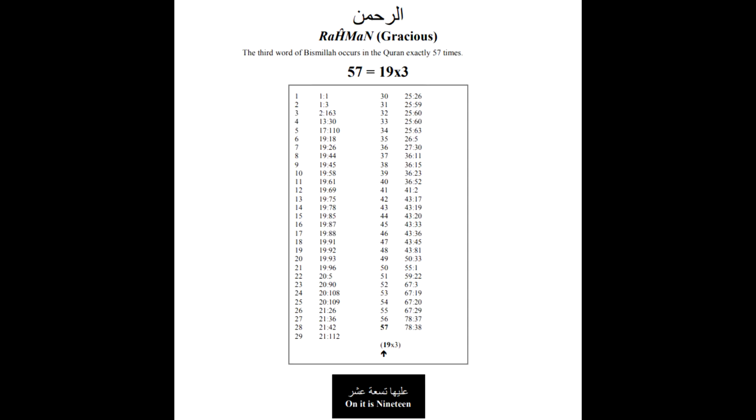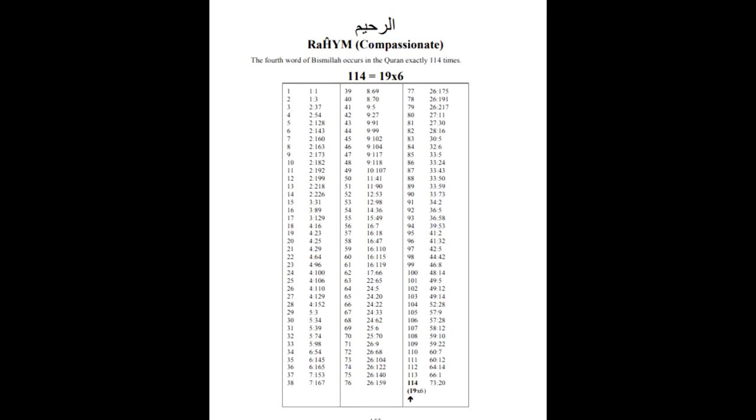The word Rahman occurs 57 times. Here you can see the surah numbers and verse numbers. The word Rahim occurs 114 times. Here you can see the surah numbers and verse numbers. Many mathematical parameters of the Quran are linked to this first verse of the Quran.